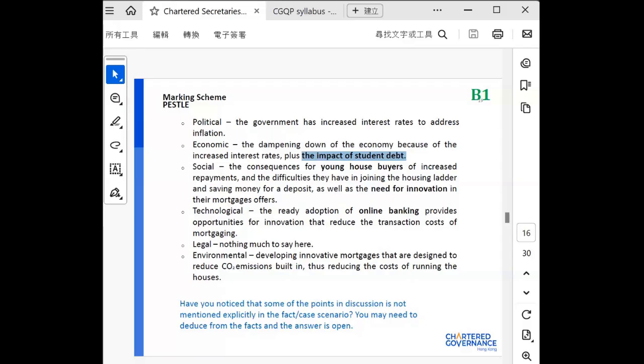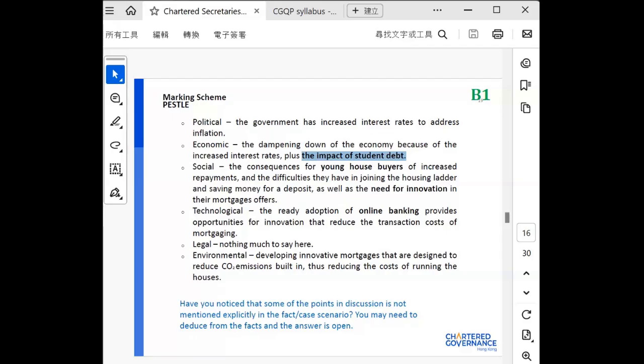So if you have to pay your debt, then you do not have enough money to buy those flats. So it's just a deduction. It's reasonable to deduce that as young professionals, they have not yet paid the government loans, and because of this, that will also affect their borrowing capability and the affordability of the debt.